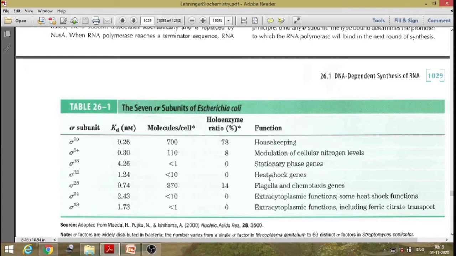RNA polymerase. So the core of RNA polymerase is the same, that is alpha 2, beta, beta prime, omega, but the sigma subunit is different. There are different sigma subunits for different kinds of genes. So let us go back.